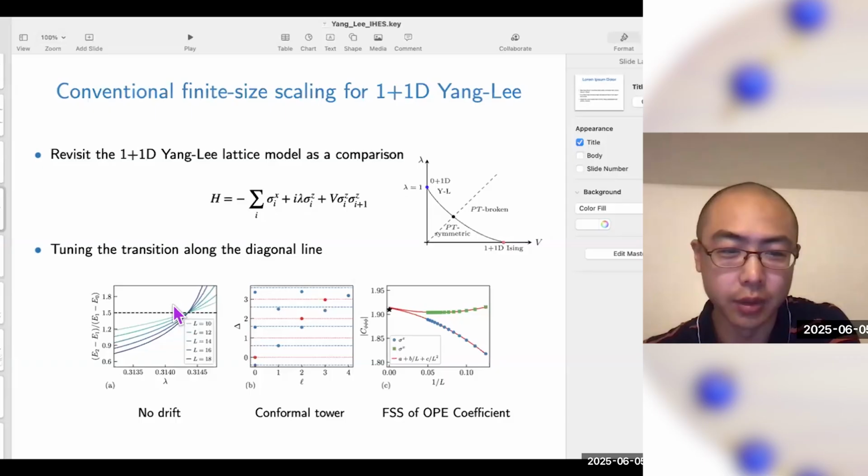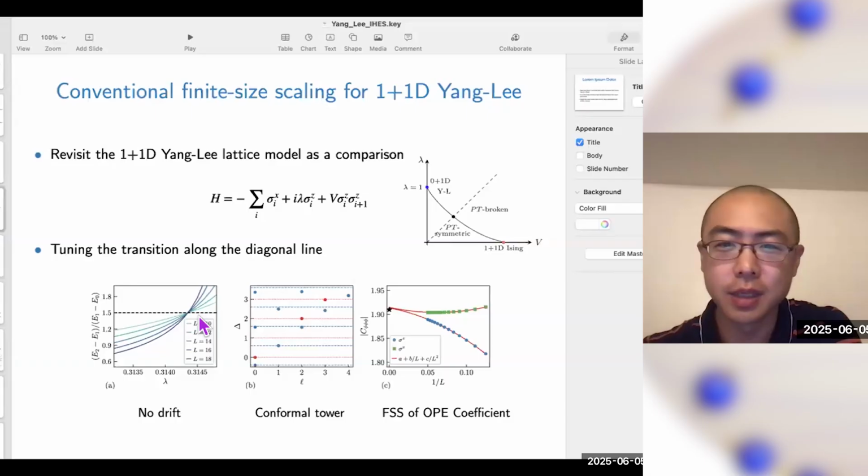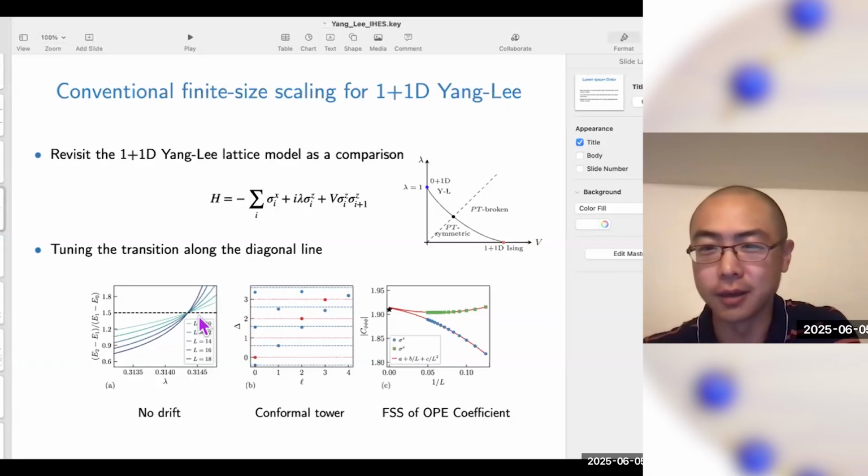For example, you compute the ratio of this dimensionless quantity, you will see drift. But my point here is that for this 1D model, you can tune the drift away with a little bit of fine tuning.